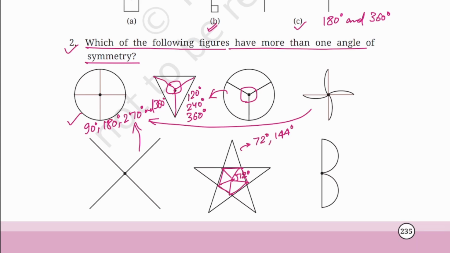That is 72 degrees, 144 degrees, 216 degrees, 288 degrees and 360 degrees. This figure has no angles of symmetry except 360 degrees. That means it has no rotational symmetry.